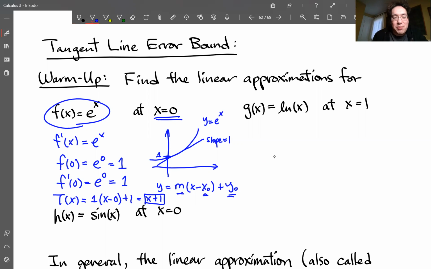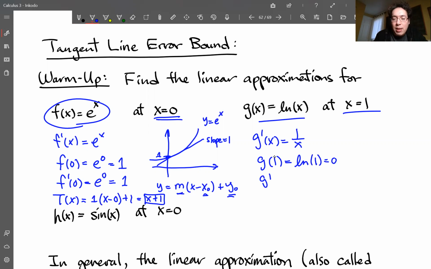Let's do natural log of x, tangent at x equals 1. So again, taking the derivative. The derivative of natural log is 1 over x. I plug in 1 into the original function and the derivative. So g of 1 is natural log of 1, which is 0. And g prime of 1 is 1 over x, and x is 1.